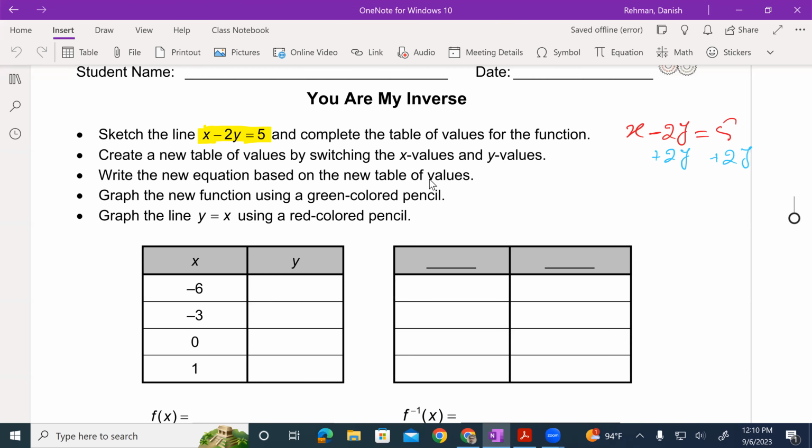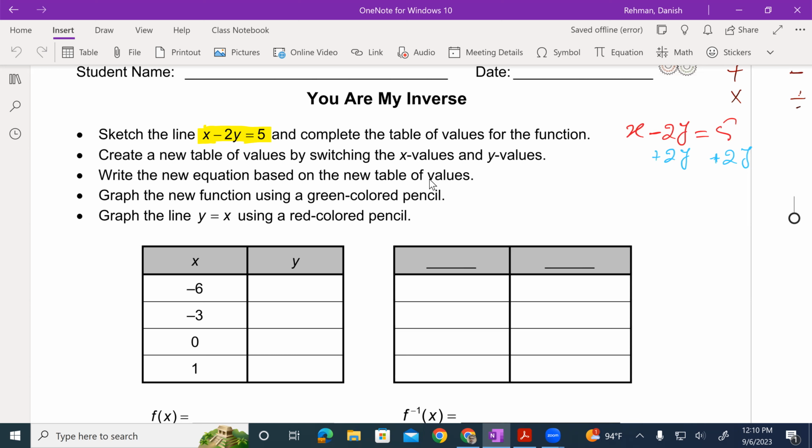If I see the addition, I will use the inverse of addition. What's the inverse of addition? Addition and subtraction are the opposites of each other. Multiplication and division are the opposites of each other. So if I see that 2y is being subtracted here, what will I do?